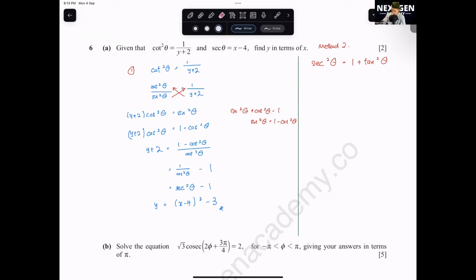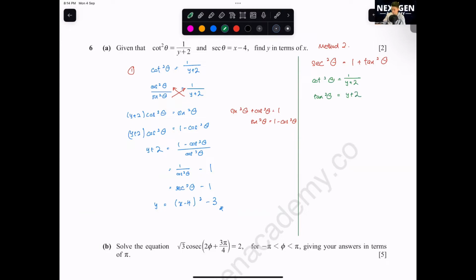So what he did here is you change this. Yeah, actually this one I think much shorter. Cot square theta, you change this to tangent square theta. Okay, which is what? Cot square theta equals to 1 over y plus 2. Wait, Sini, I'll answer yours in a bit. Okay, tangent square theta will be equals to y plus 2, is it?